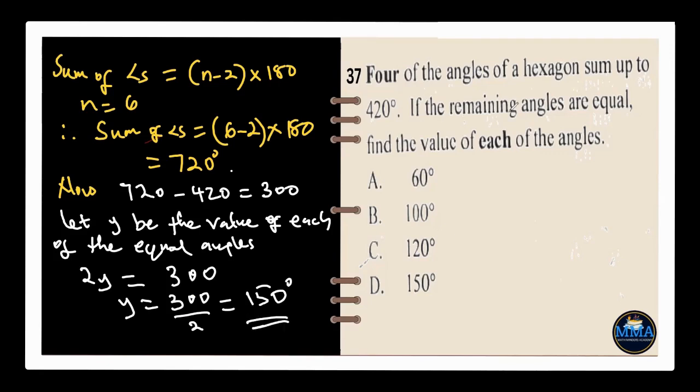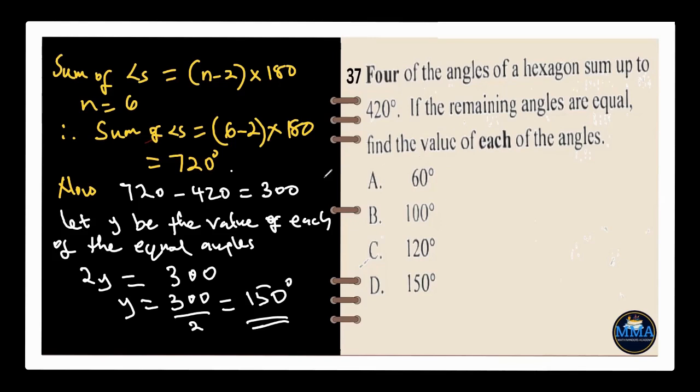Because here it says if the remaining angles are equal, which is actually 2, after we have taken 4 already that sum up to 420. So the remaining 2 add up to the remaining 300 to make up the 720. So we've been able to find the value of each of the angles, considering those two angles that are equal.